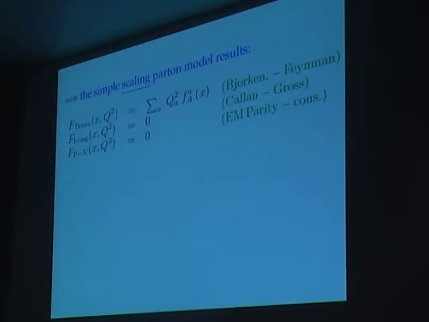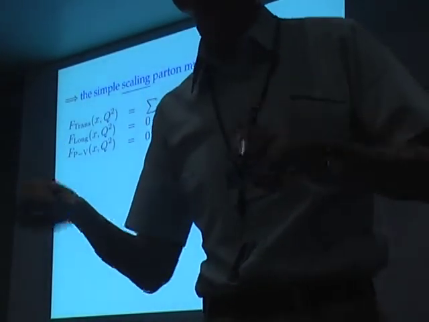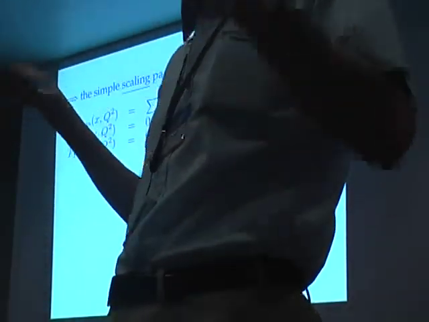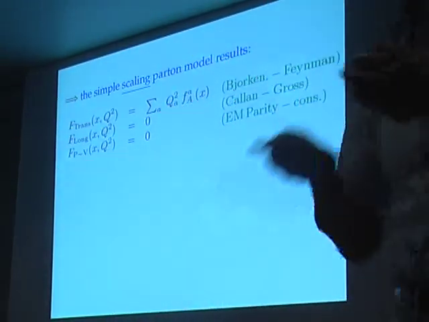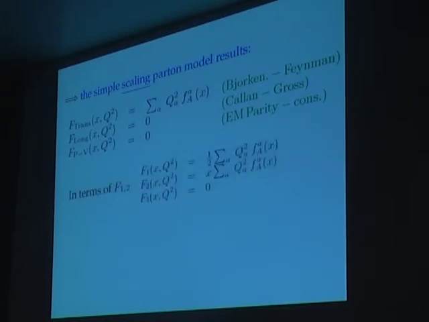And this result historically is the Callan-Gross relation, which you probably learned as something like F1 equal to 2x times F2, which has no obvious physical interpretation. But in terms of helicity structure functions, it simply says that quarks with spin one half couple only transversely, not longitudinally.